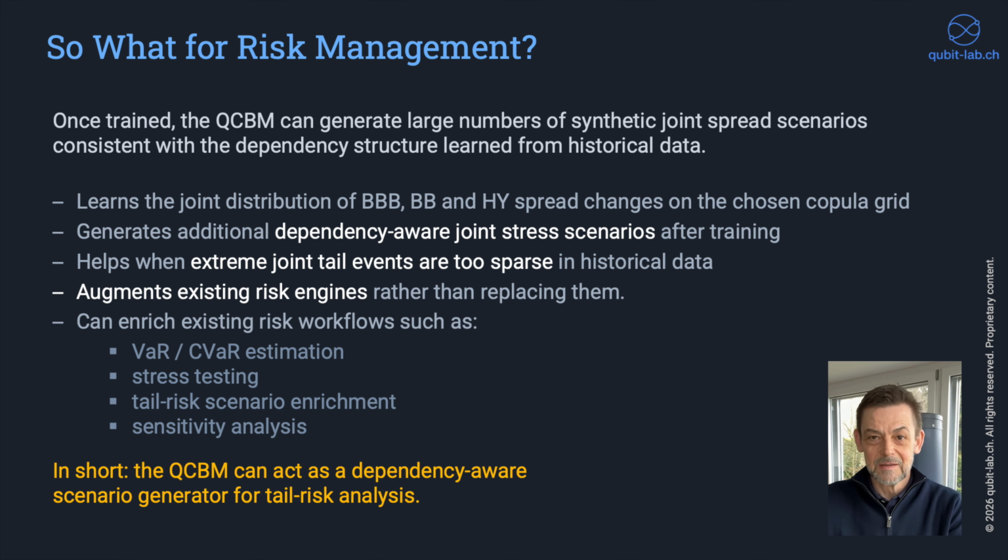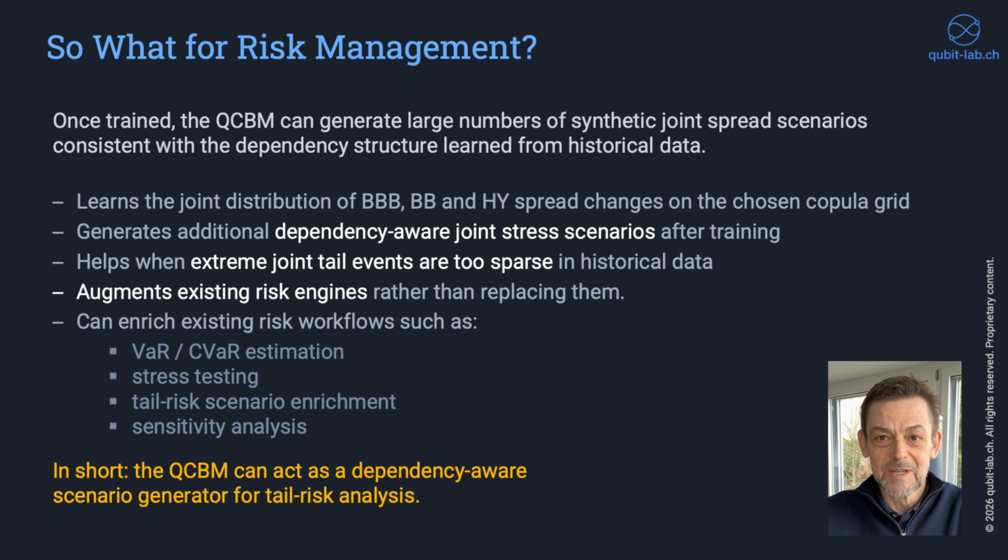Once trained, the QCBM can generate large numbers of synthetic joint spread scenarios that remain consistent with the dependency structure learned from historical data. That matters when extreme joint tail events are too sparse in the raw data. Instead of relying only on a thin empirical tail, we can enrich the scenario set with additional dependency-aware joint stress scenarios.